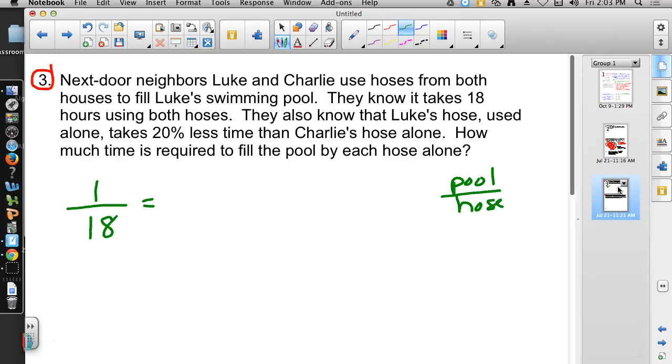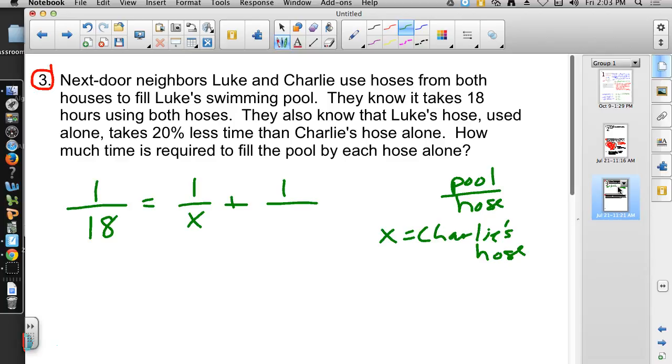Well, then we have Luke's hose. And we know that Luke's hose used alone takes 20% less time than Charlie's hose alone. Well, we don't know anything at all about Charlie's hose, so we'll make that x. So x is Charlie's hose. In addition to that, they're also using Luke's hose.